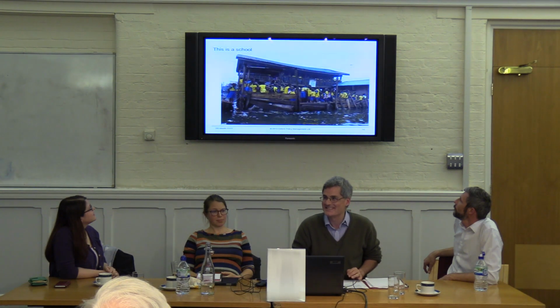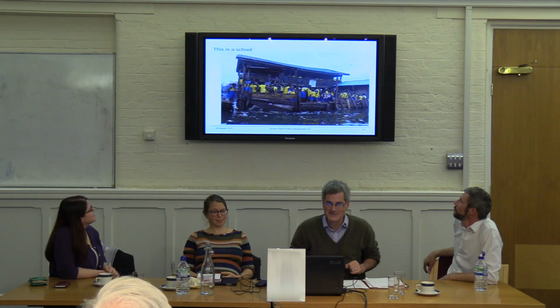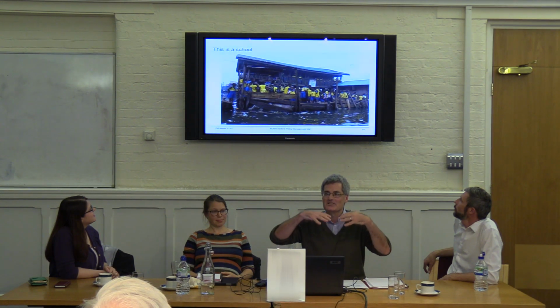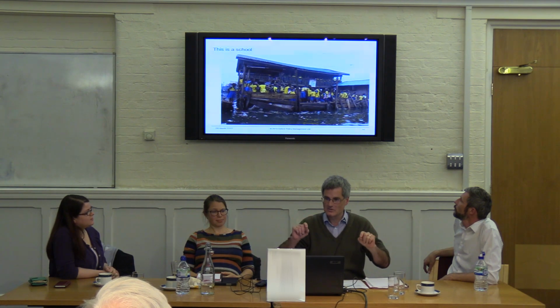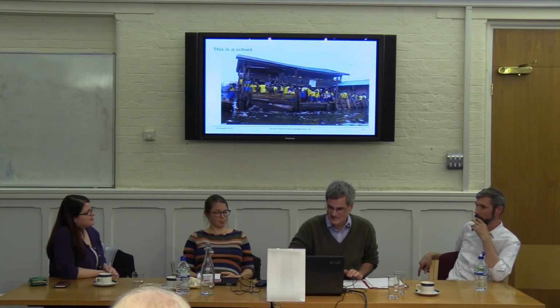And even so is this. This is a school in Lagos as well. This is a floating school on the lagoon. And so there's an enormous range of different things which are all called schools, and which may or may not be on these different registers.